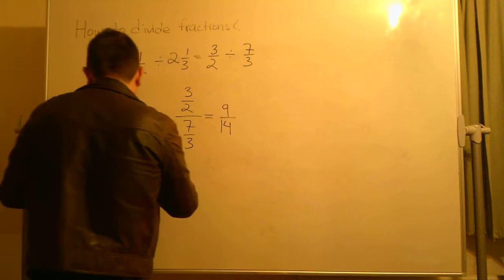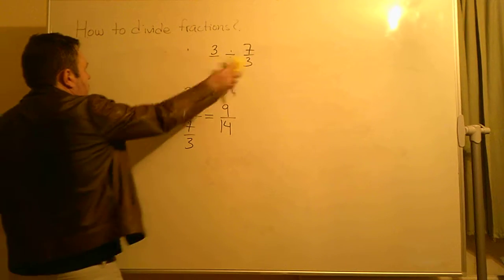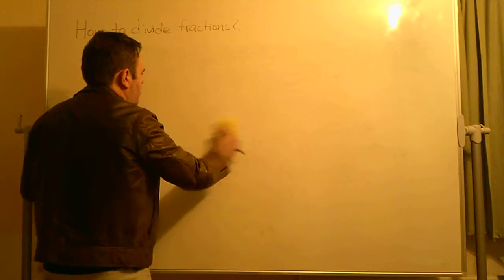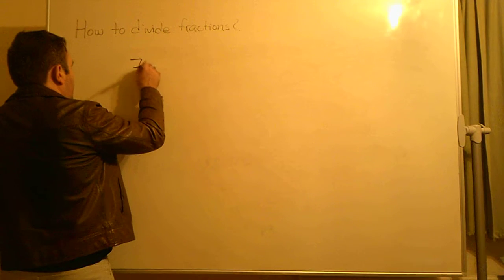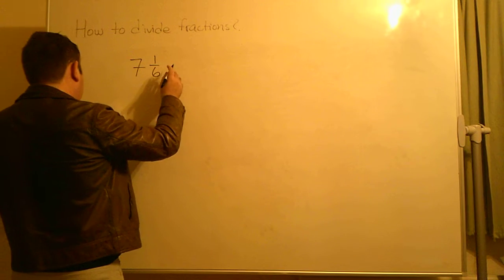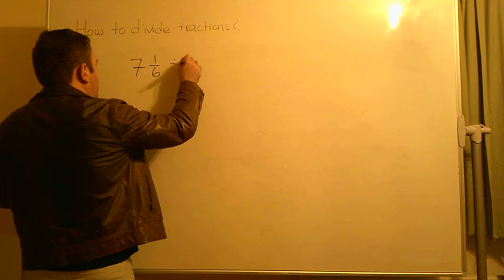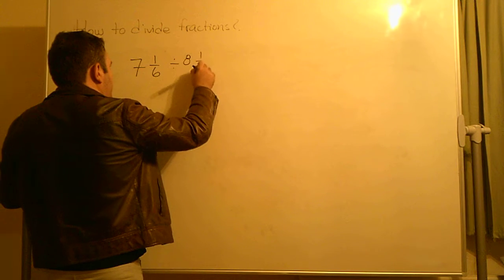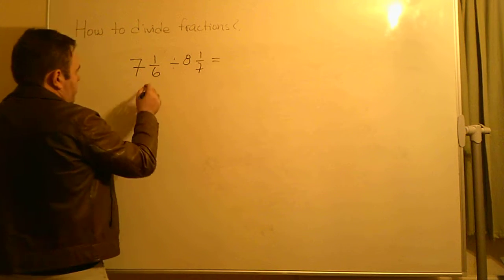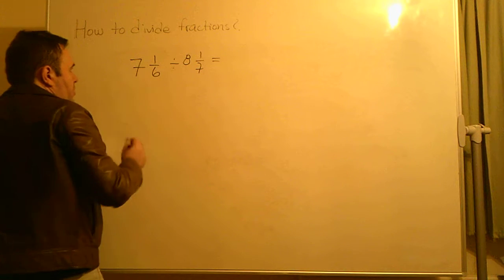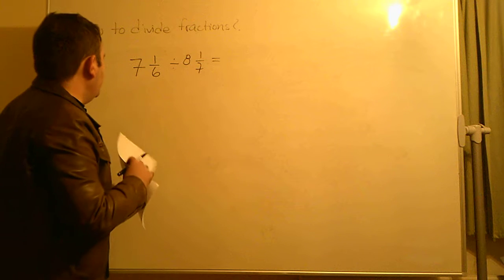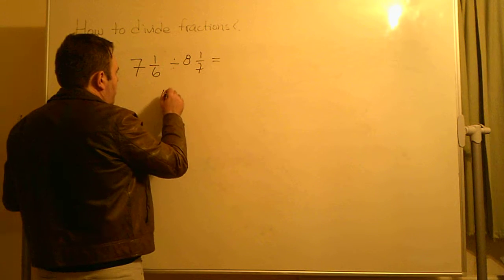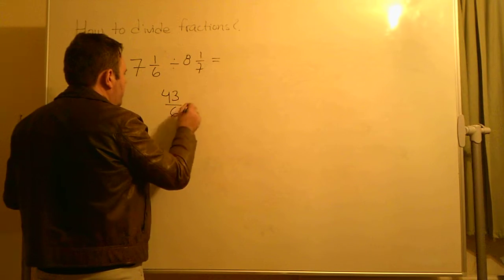Let's try another one. 7 integers 1/6 divided by 8 integers 1/7. Well, we need to turn these two mixed fractions into improper fractions. So 7 times 6 is 42, plus 1 is 43 divided by 6.